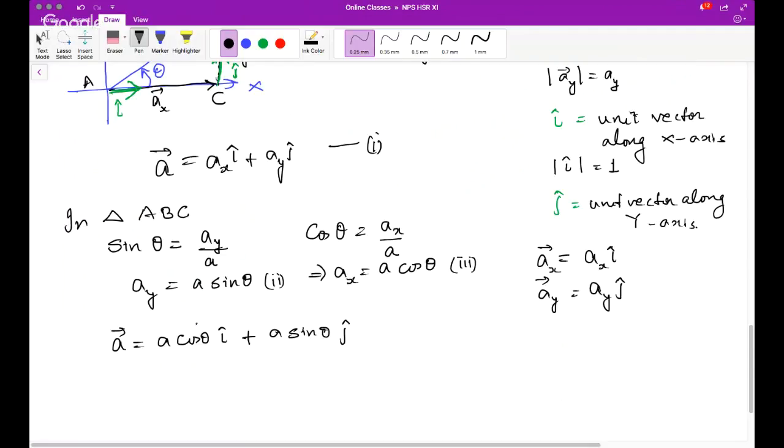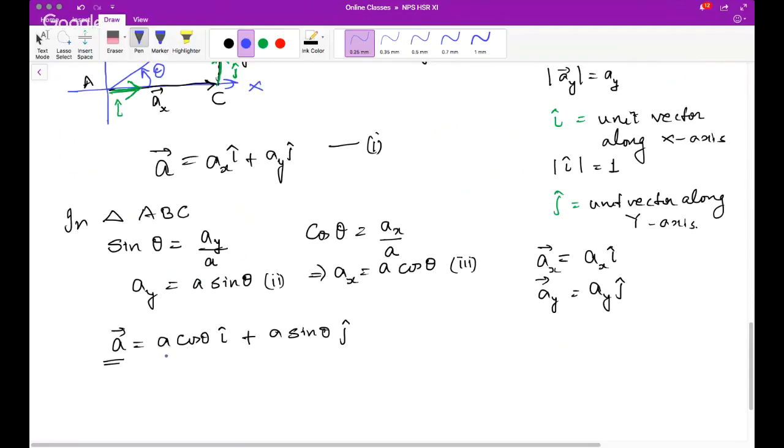So if you can see, I broke down vector A in terms of its magnitude and its direction. I have resolved the vector A in two directions, x and y.